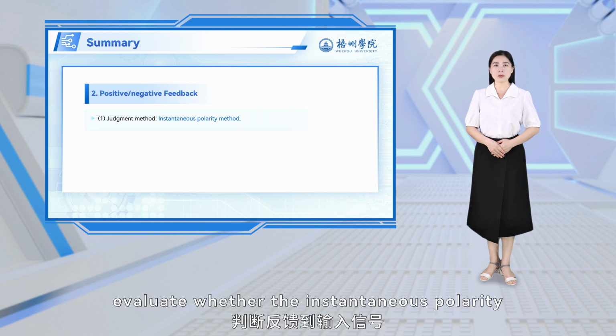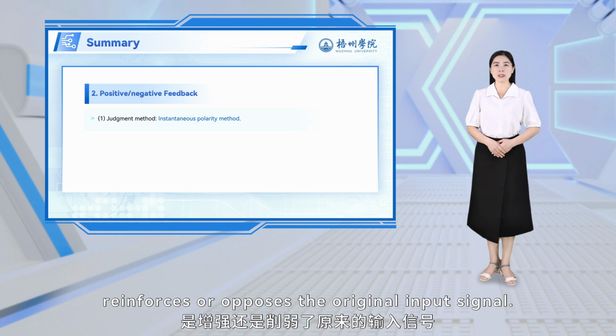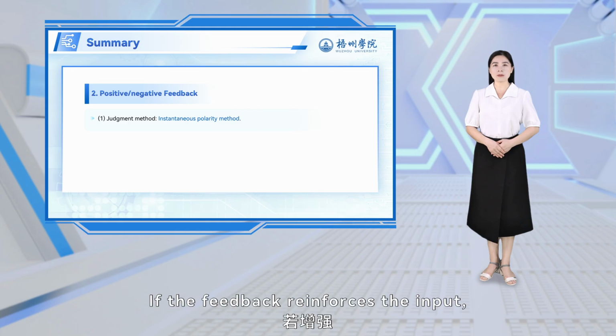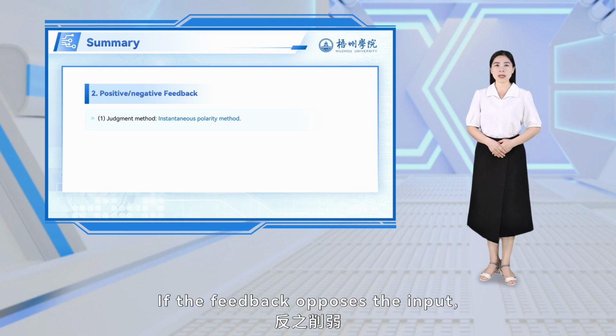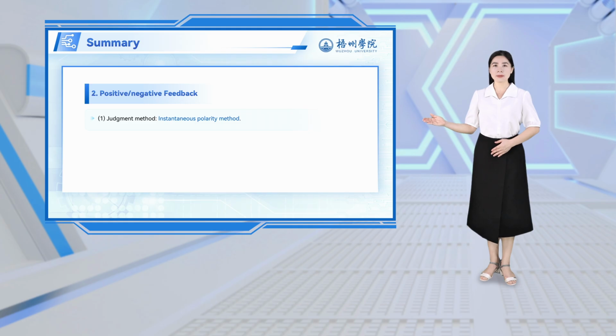Finally, evaluate whether the instantaneous polarity of the feedback signal reinforces or opposes the original input signal. If the feedback reinforces the input, it is positive feedback. If the feedback opposes the input, it is negative feedback.